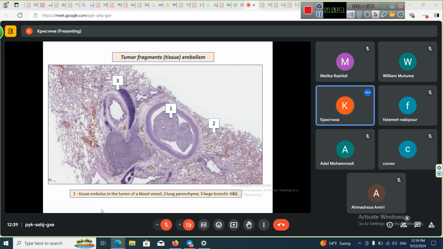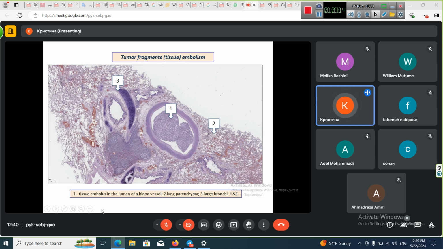So embolism means the presence inside the blood vessels of those things that should not normally be there. In this picture, we see the example of embolism, the tumor fragment tissue embolism, the presence of pieces of tumor tissue inside the blood vessel.